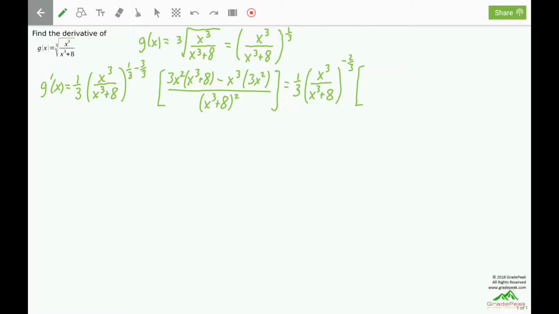And what I'm going to do is start to simplify within here. I'm going to start by distributing that into there. 3x squared times x to the third, we add the exponents, so 3x to the fifth. And then a 3x squared times a positive 8 will be a 24x squared. And we have this minus, and we have an x cubed times a 3x squared, that'll be a 3x to the fifth.